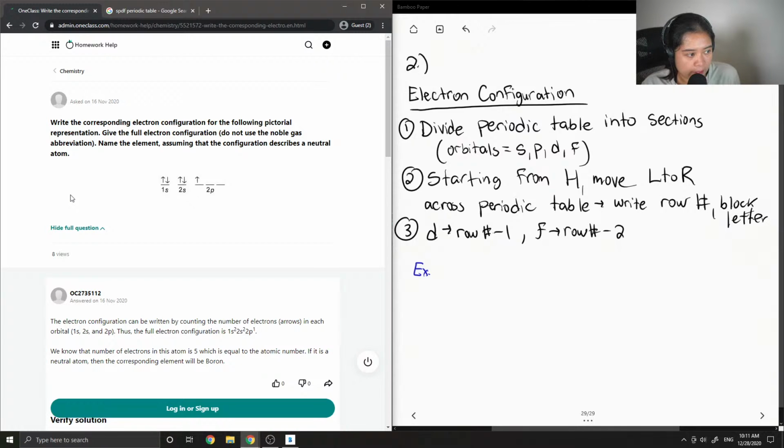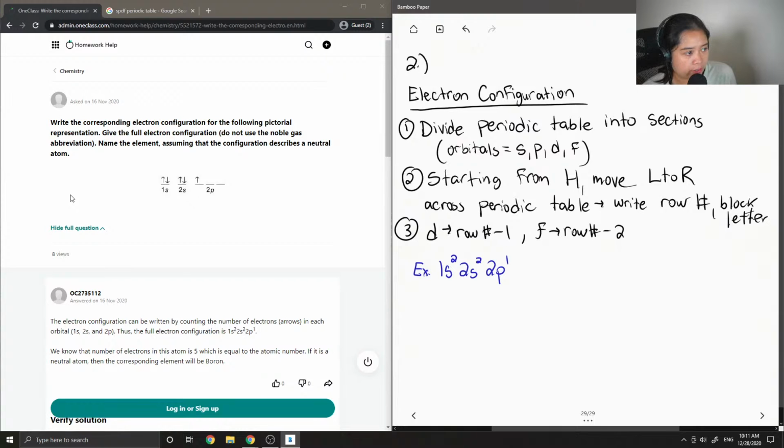So for the question, in the 1s orbital, there are 2 electrons. So to write its electron configuration, it is just 1s2, followed by 2s2, followed by 2p1. So this is the electron configuration.